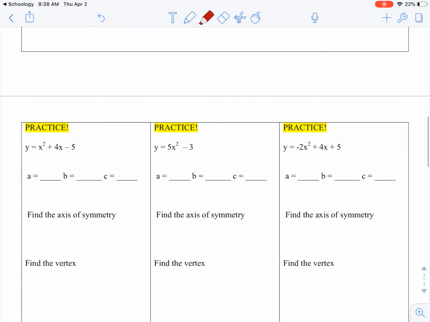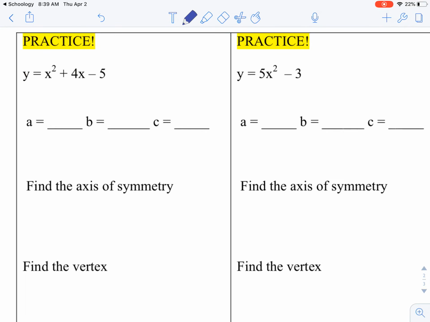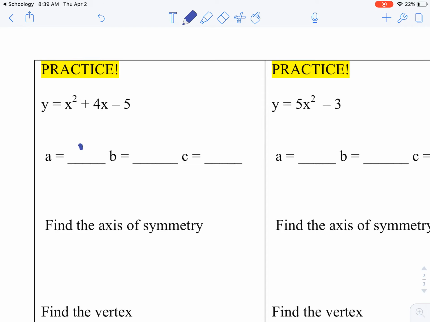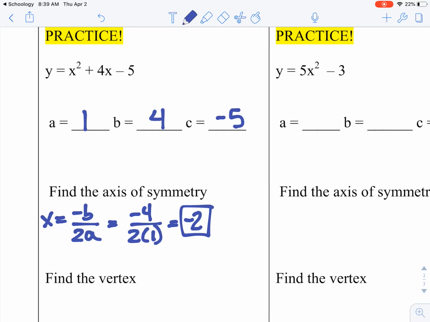All right, so now that we know that, we can do a couple more practice. So first practice, I do the same thing. I identify a, b, and c. I'm going to find my axis of symmetry. Equals negative 2.